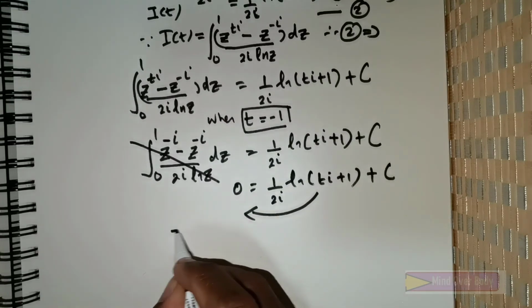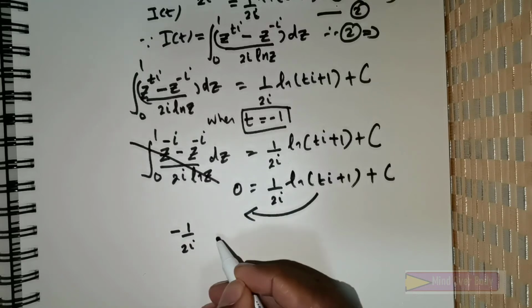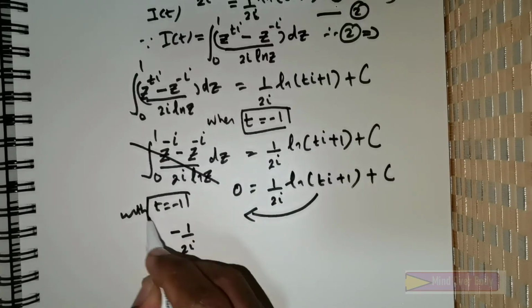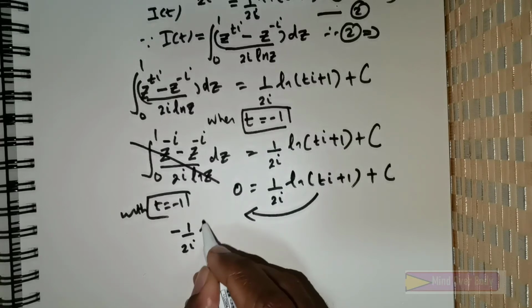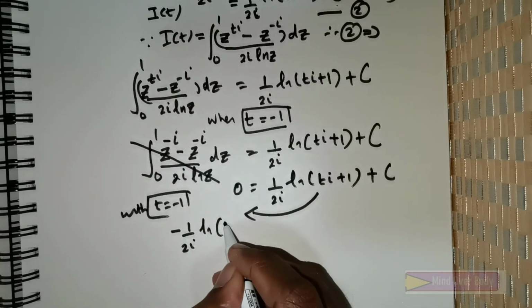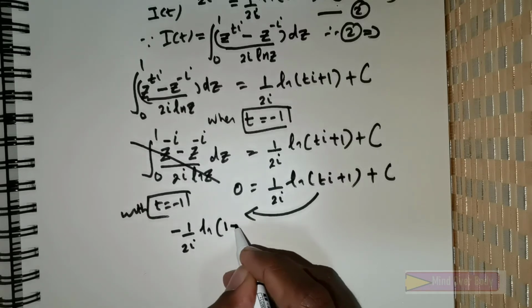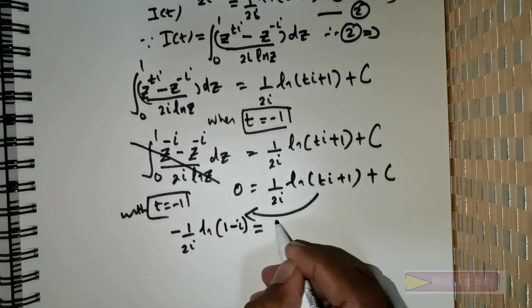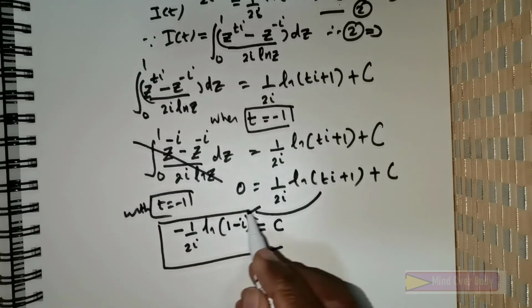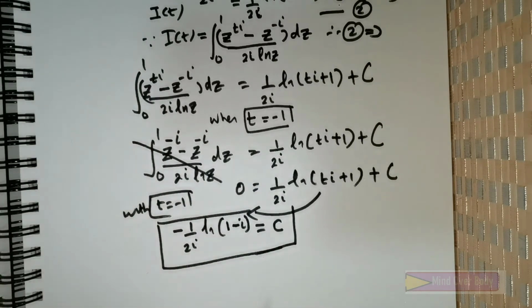So that's going to be negative 1 over 2i ln of (t i + 1) with t being equal to negative 1. I can rewrite this as c equals negative 1 over 2i ln of (1 minus i). Okay, so this is the value for c.